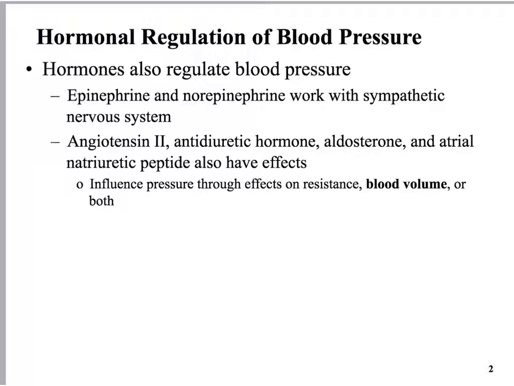So, which means we move to hormones. The endocrine system works with the nervous system and will produce hormones that will help regulate blood pressure. One of the neurotransmitters you have from the sympathetic and parasympathetic nervous system is what?